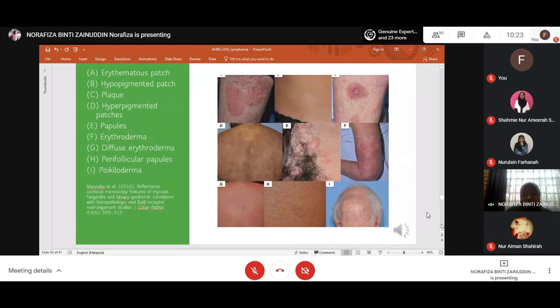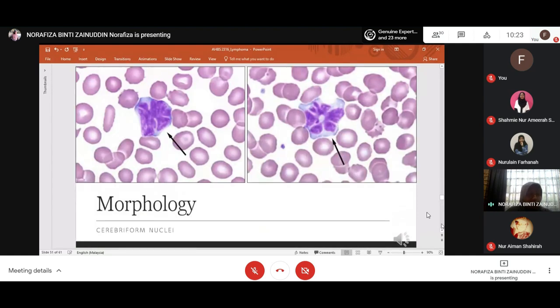So for the morphology, the malignant cells are small to medium size with irregular nuclei. The nuclei pattern is cerebriform. Larger cells can be present, which are the classical Sézary cells, but in minority.